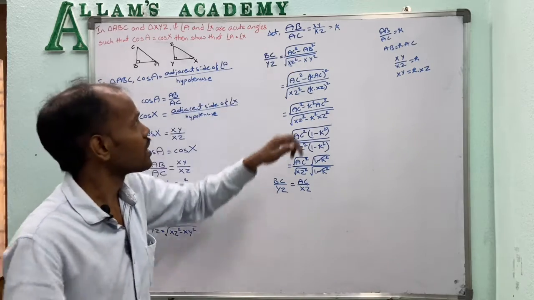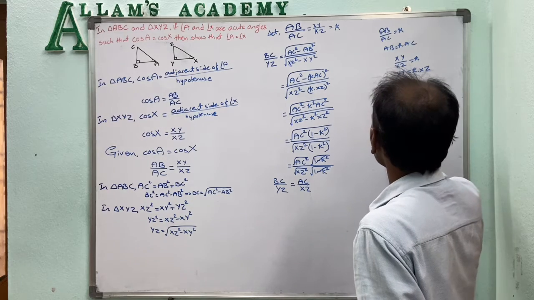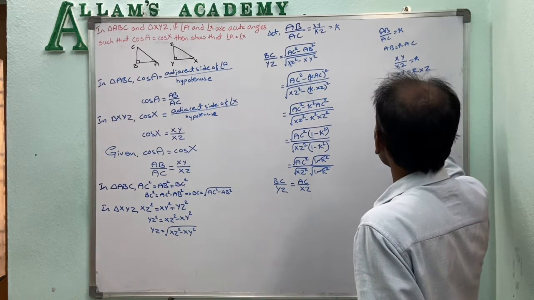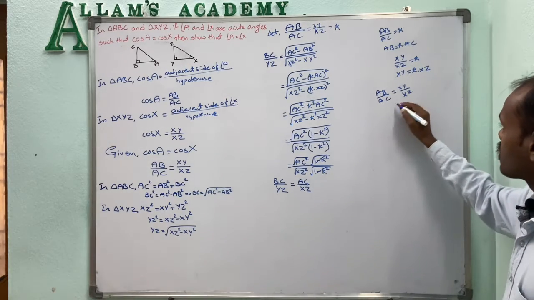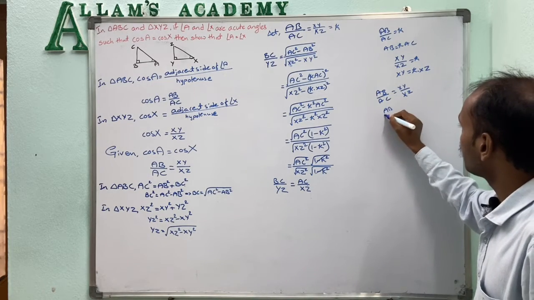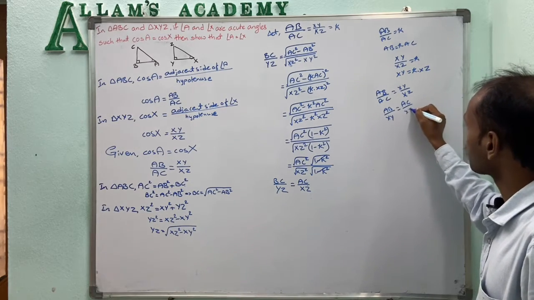So here, we can write AB by AC equal to XY by XZ. If we transpose this one, AB by XY equal to AC by XZ.